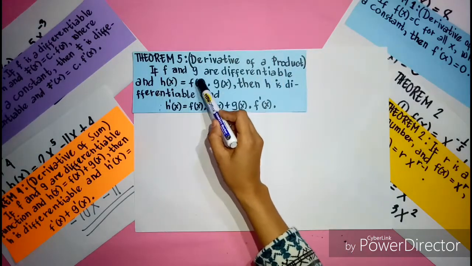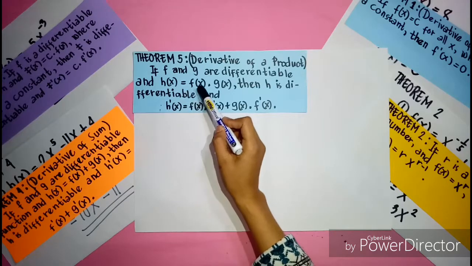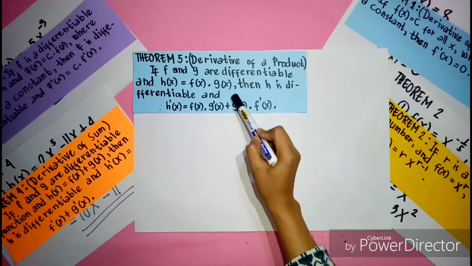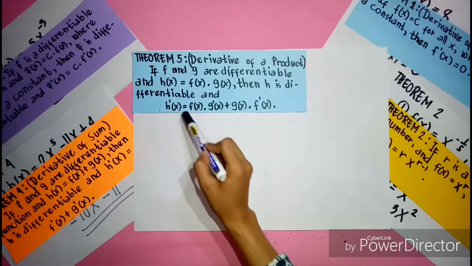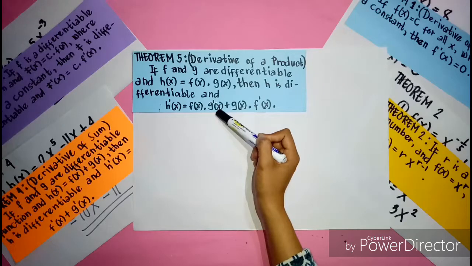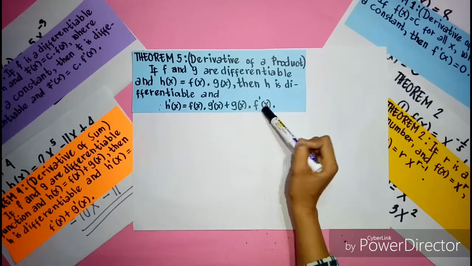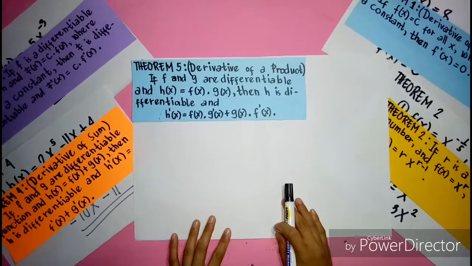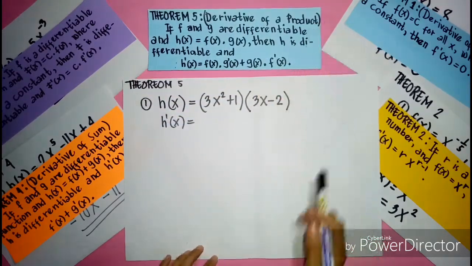If f and g are differentiable and h of x is equal to f of x times g of x, then h is differentiable and h prime of x is equal to f of x times the derivative of g of x plus g of x times the derivative of f of x. Let us apply this theorem number 5.